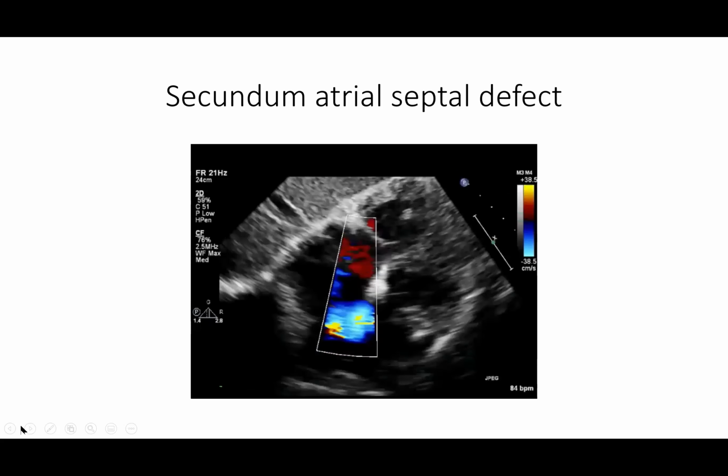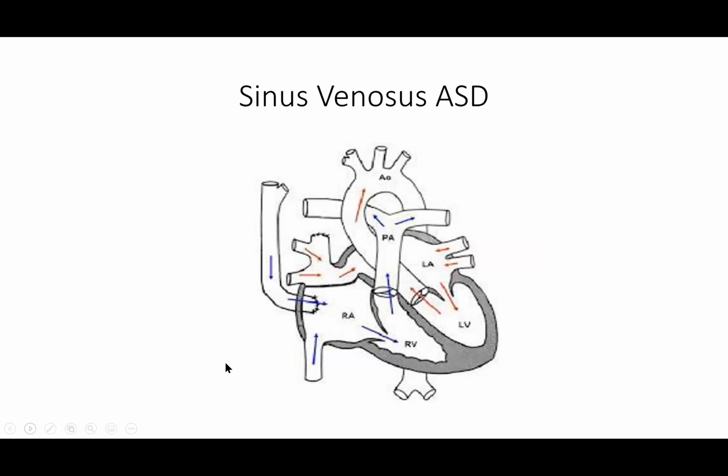Okay. Now with the sinus venosus defect, what happens is there's a defect in the top part of the atrial septum, and it's associated with anomalous connection of the pulmonary vein. So there are 2 types: a superior vena cava type and an inferior vena cava type.